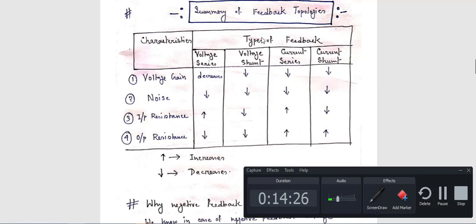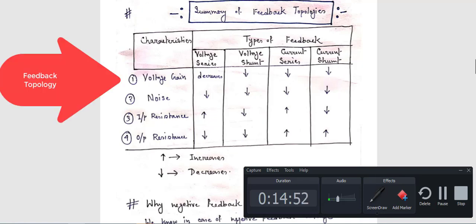Now in this table there is a comparison. You can compare these 4 types of topology with respect to voltage gain, noise, input resistance, and output resistance. That means with these 4 parameters you can check the result for voltage series, voltage shunt, current series and current shunt.